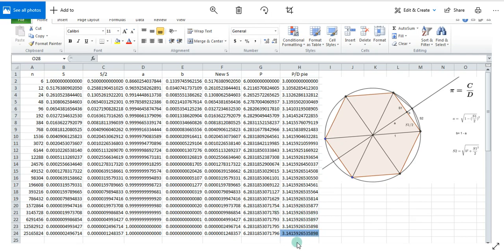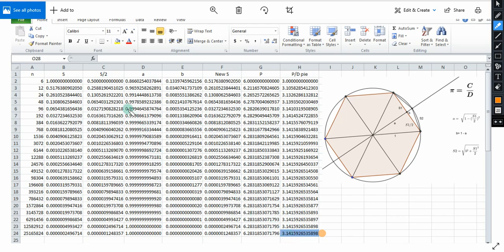Here you can see we have found the value for pi is 3.141. How?